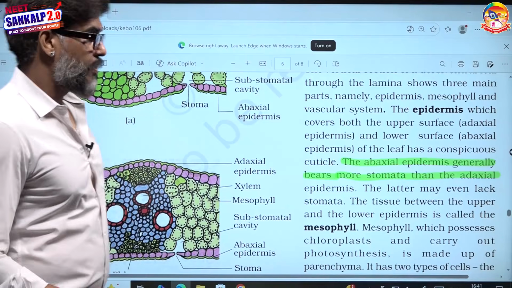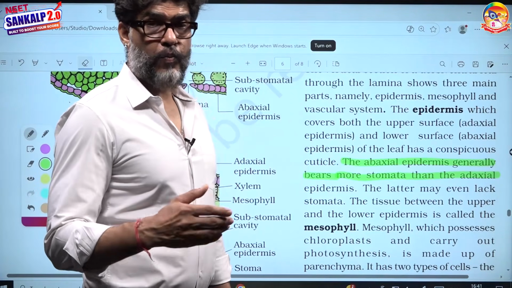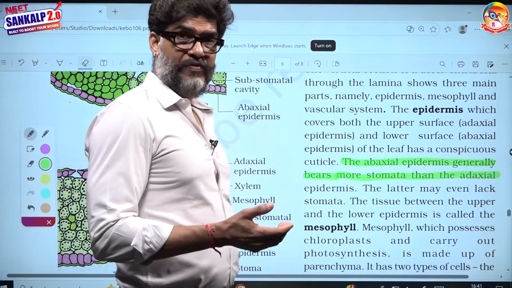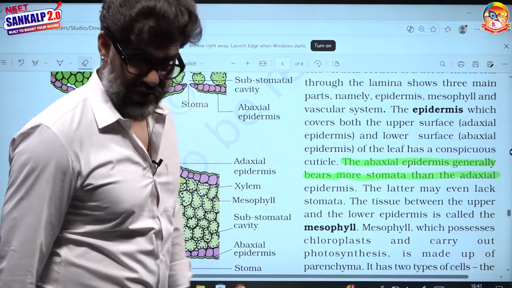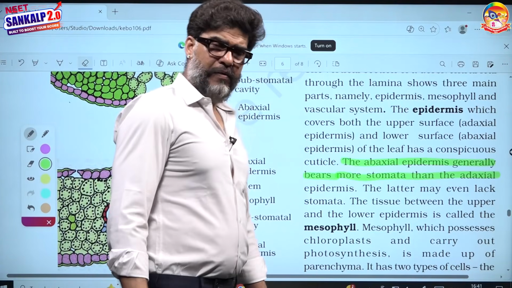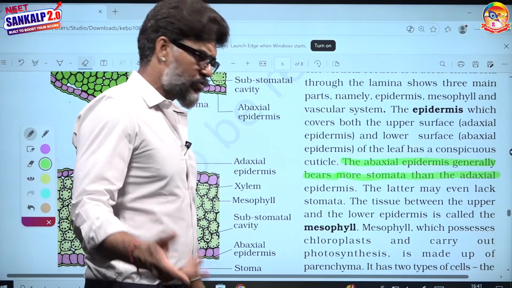This condition, where more stomata are present on the lower surface and fewer on the upper surface, is called the hypostomatic condition. The upper surface may even lack stomata sometimes.